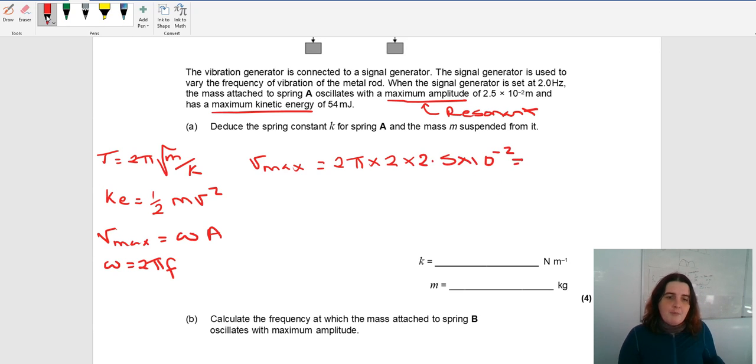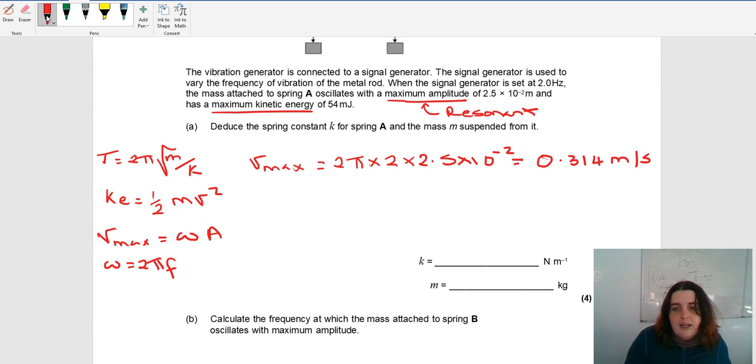So 2 times pi times 2.5 times 10 to the minus 2, and I get a maximum velocity of 0.314 meters per second.